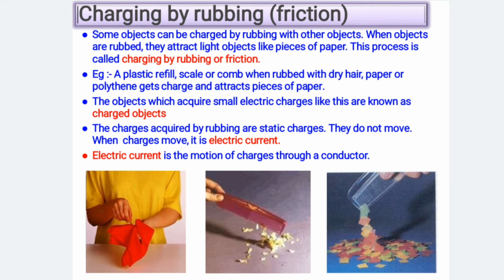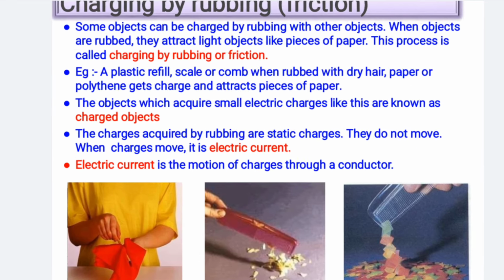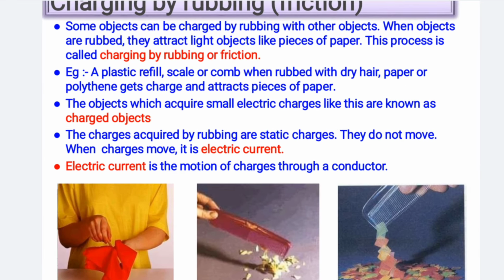For example, a plastic refill, a scale or comb, when rubbed with dry hair, paper or polythene, gets charged and attracts pieces of paper. So when we rub any plastic comb, scale or refill with dry hair, then it gets charged and it can easily attract light pieces of paper.